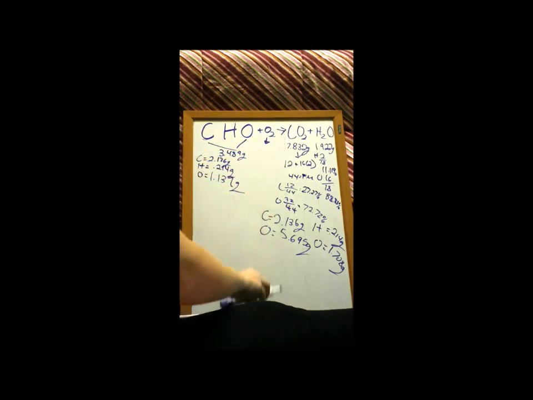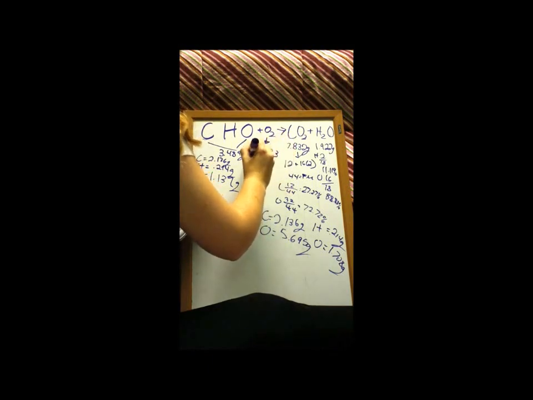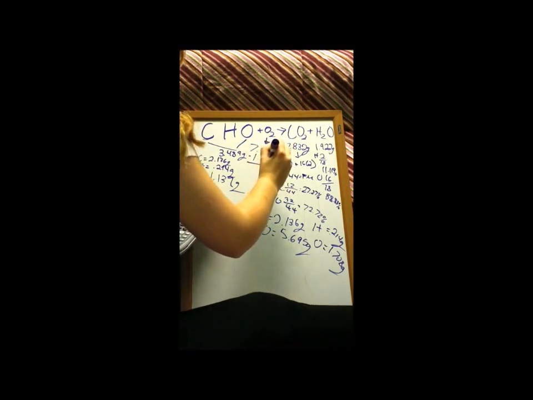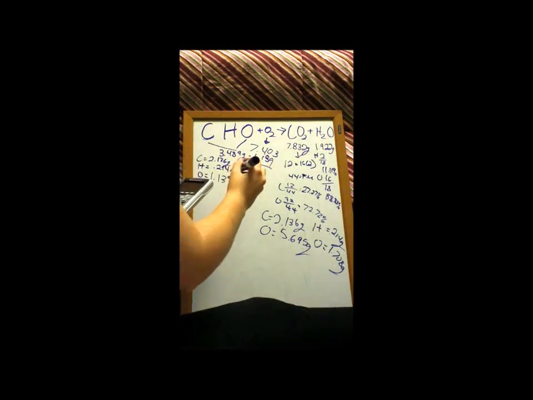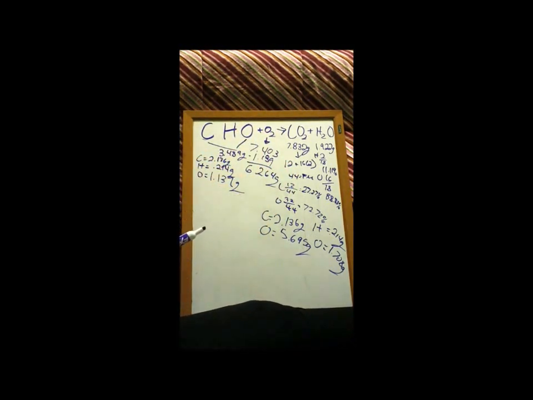So just for our purposes, we'll add up the total grams of oxygen, which is 1.708 plus 5.695, so the total of oxygen is 7.403, and then we'll subtract from it the 1.139, which is the oxygen in the compound. And 6.264 grams will be your answer for the total amount of grams of oxygen used.